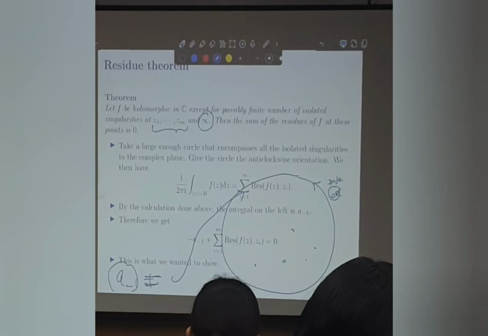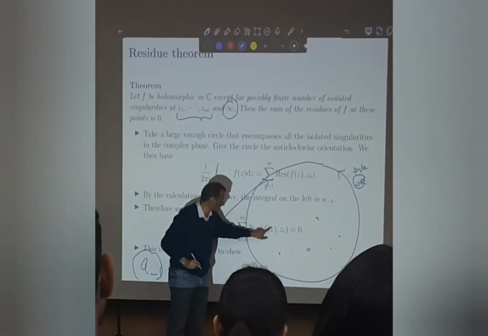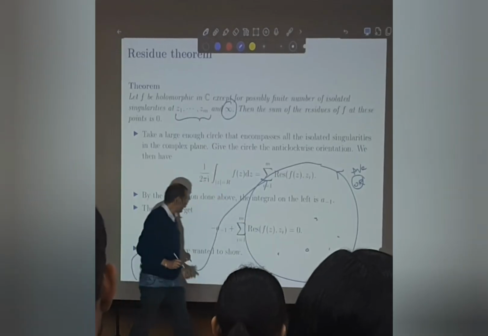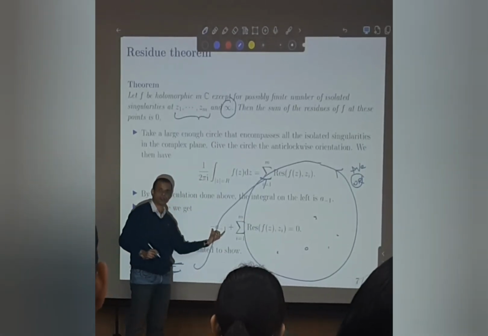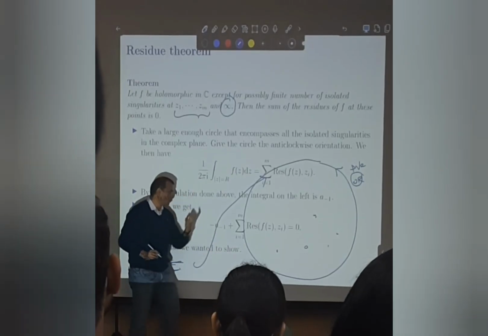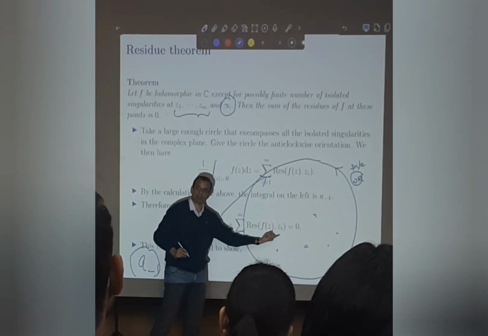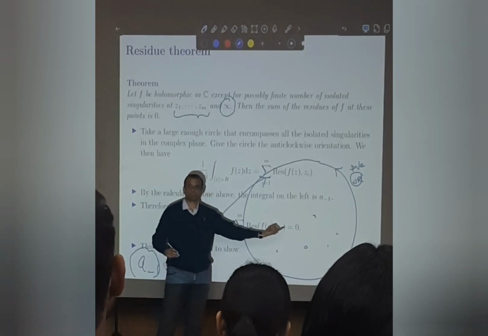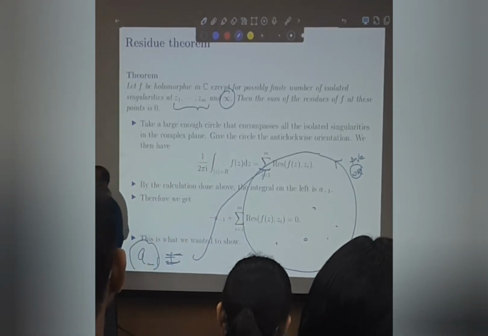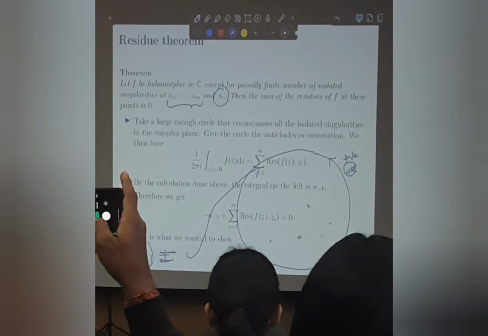But now you just take this to the other side, so you get minus a minus 1 plus these residues is equal to 0. But we have shown that minus a minus 1 is actually the residue of f at infinity. So the residue of f at infinity plus the residues at the finite singularities is equal to 0. That's Cauchy's theorem, including the residue at infinity. So the sum of the residues is equal to 0.